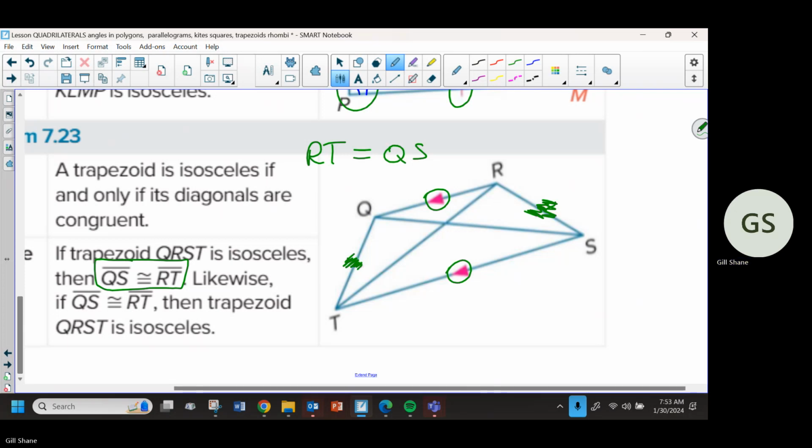Actually, I have to draw in both diagonals to prove some of the congruent stuff. But again, it would come all the way back to parallel lines and a transversal and being able to prove that you have some congruent triangles in there. If we have time, I might show that another day, but I'm not worried about it today. For now, those are the three you need to know about trapezoids.